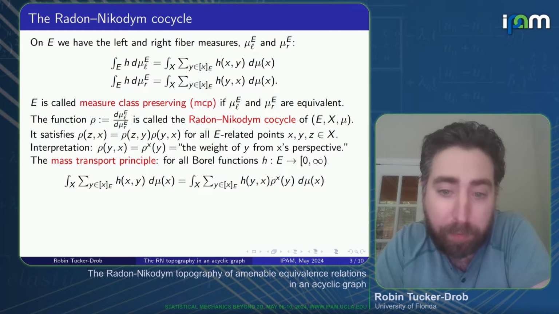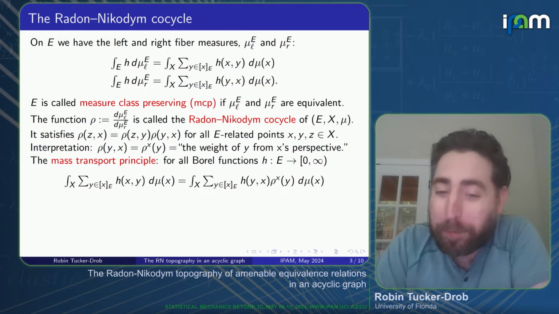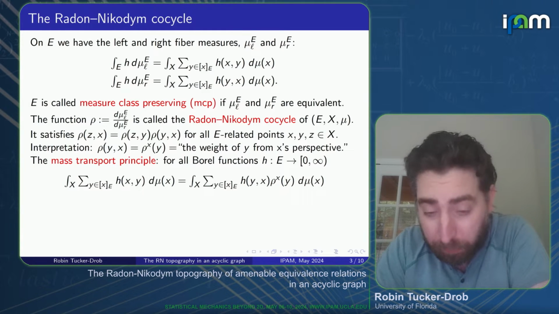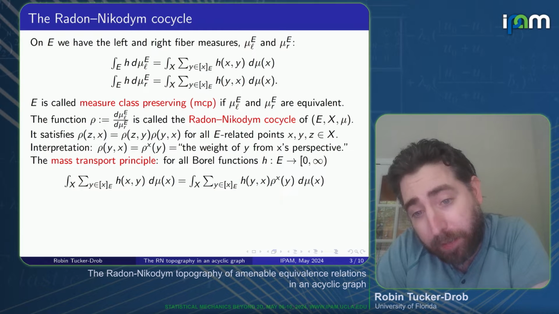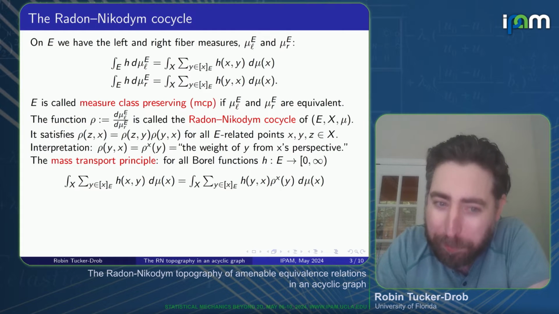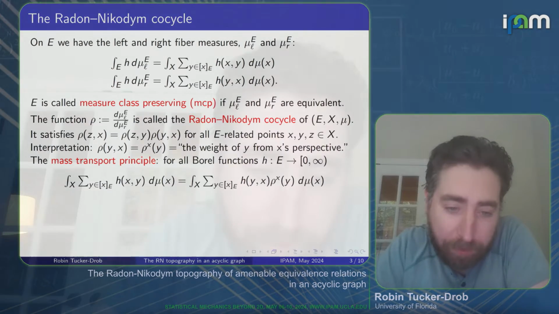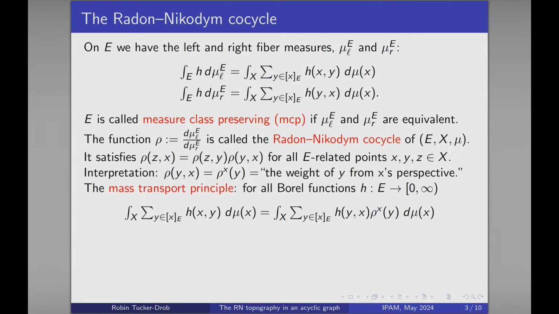It says that if we take any non-negative Borel function, then the integral on the left is equal to the integral on the right. But what is the interpretation here? We think of this function as a sort of mass transport function. Every point in the space you can think of as a shipping center, and shipping and receiving, maybe a post office of some sort, and our non-negative Borel function h, this mass transport, is telling us how much mass, say, the shipping center x is sending to shipping center y.